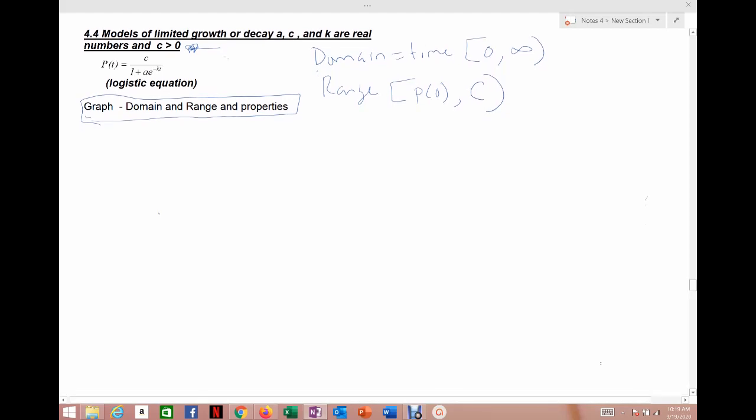So now the graph and the properties. All right, so the graph, we only graph in the first quadrant. So for a logistics curve, my x-axis really is my t-axis. That's time, and that would represent whatever time period it's growing over: days, months, weeks, hours, seconds, whatever. Only in the first quadrant, right? Time starts at 0, population starts at time 0.